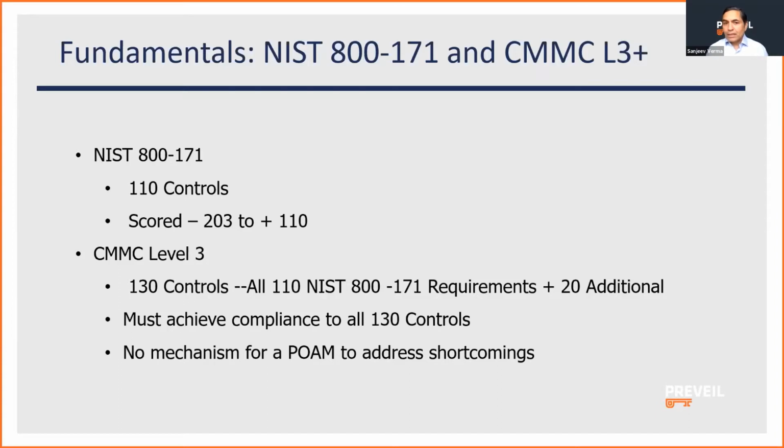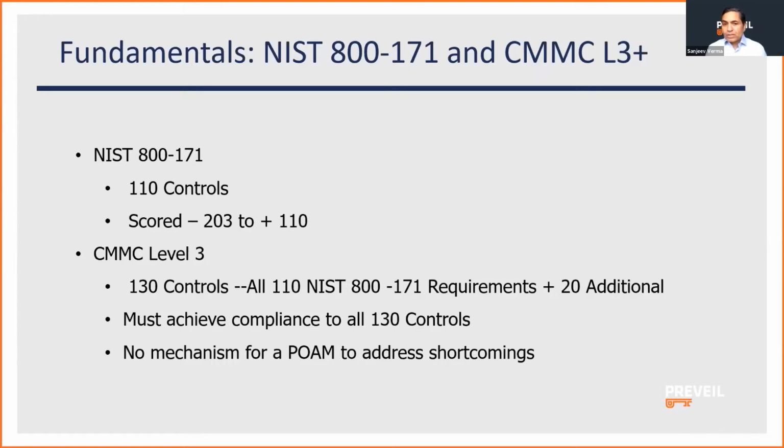But the scoring methodology has a negative component associated with it. And so it's not unusual to find companies and organizations and labs, even in very sophisticated universities, to be at the starting point in a negative 200 scoring range. So how does NIST 800-171 differ from CMMC?